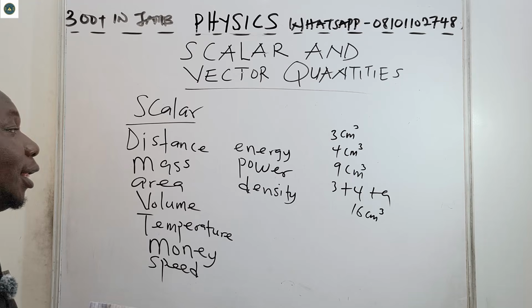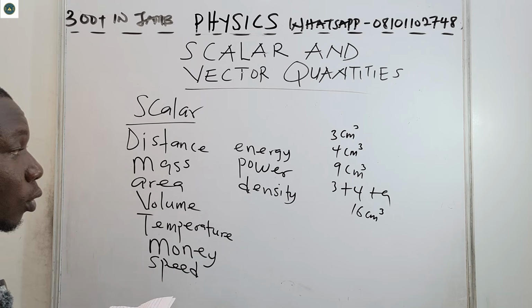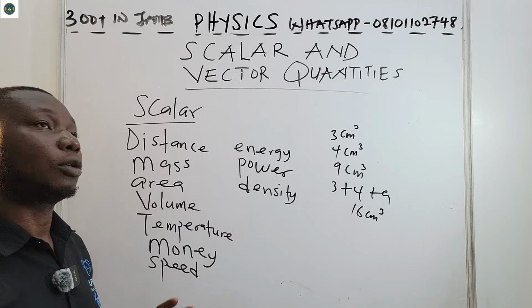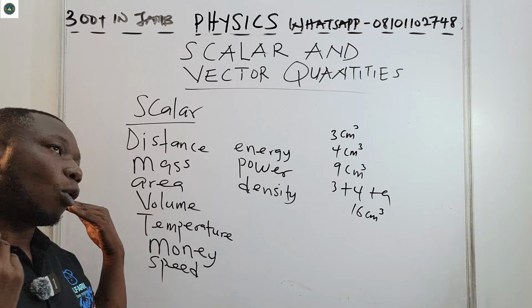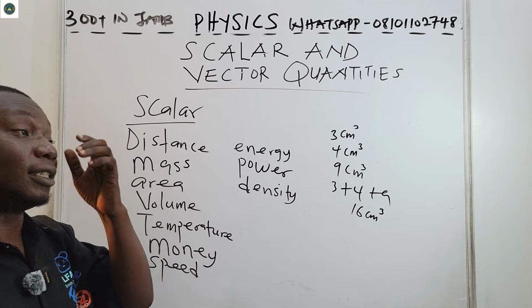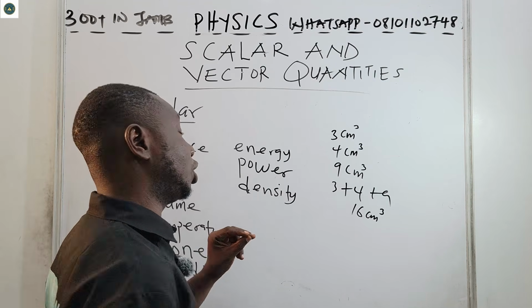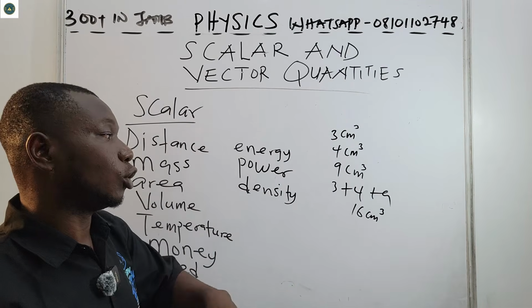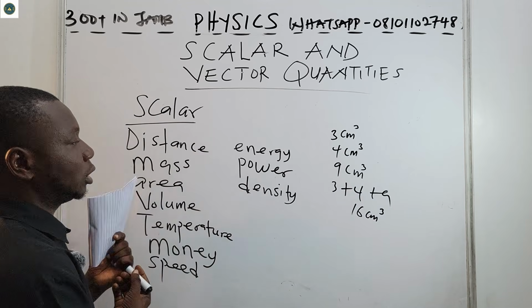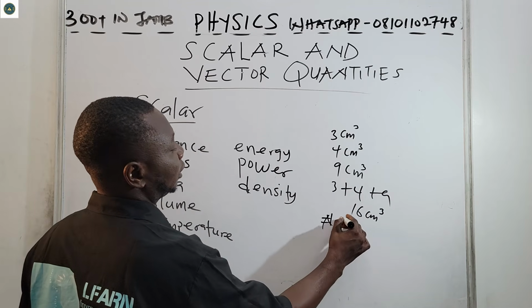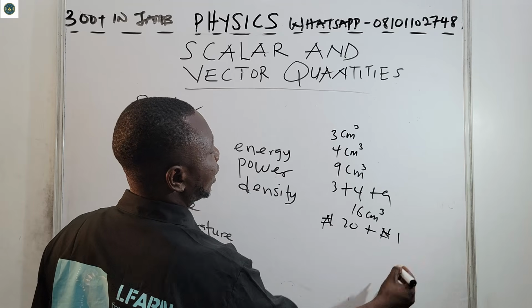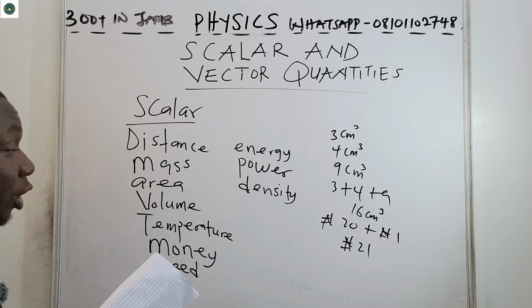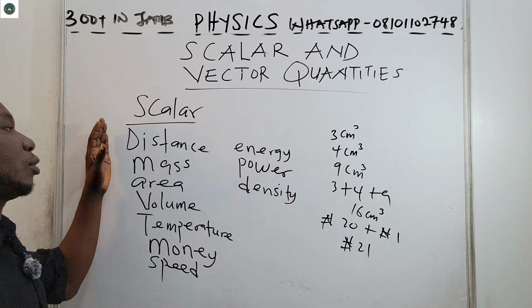But in the case of vectors, their direction has implications, because direction, in terms of maybe backward, negative, forward, or positive, is put into consideration. But for scalars, their numerical values can just be added. For example, I have money. I can say 20 naira plus 1 naira, so I have 21 naira, because directions are not put into consideration. So these are for scalars.